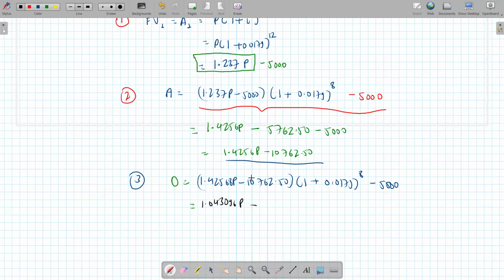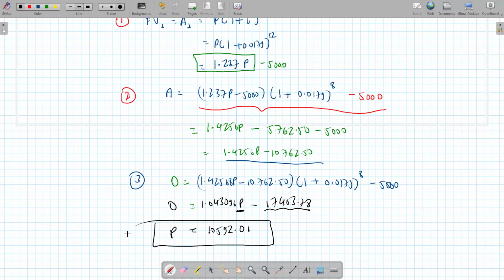Okay, so this is what we get, equal to 0. We want to solve this for P. This over 1.42568 times 1.0179 to the power of 8. So this over this gives you a final principal amount of 10592.06. And there we go. That's the final answer to this question.